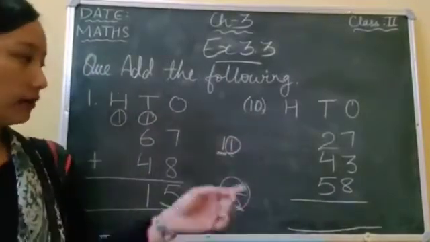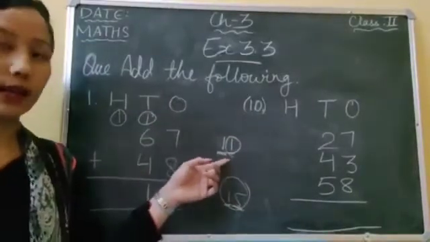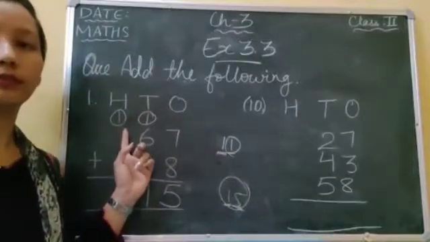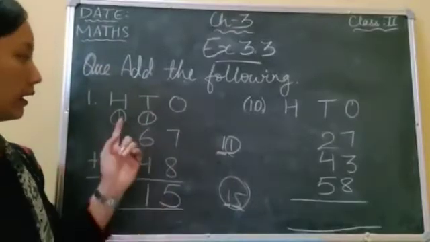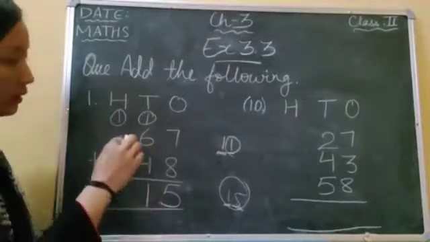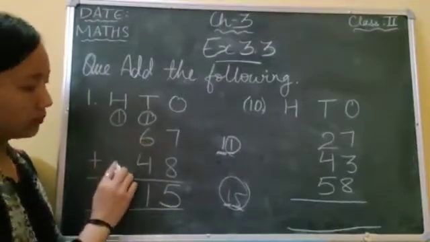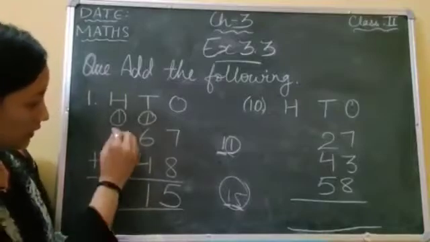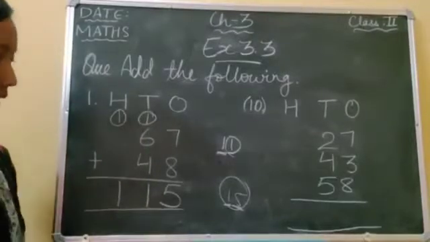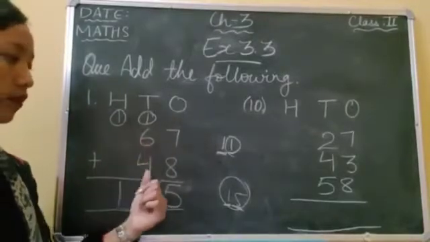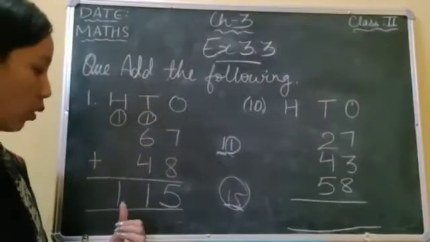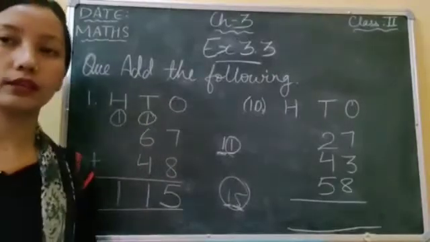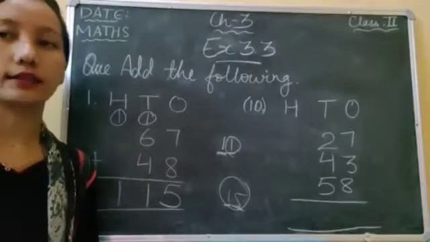Now here we carry 100 under the hundreds column. Okay. Now add the hundreds column. We have no other numbers over here. So we will copy 1 under the hundreds place. 1. That means 67 plus 48 is equal to 115. So this is your answer.